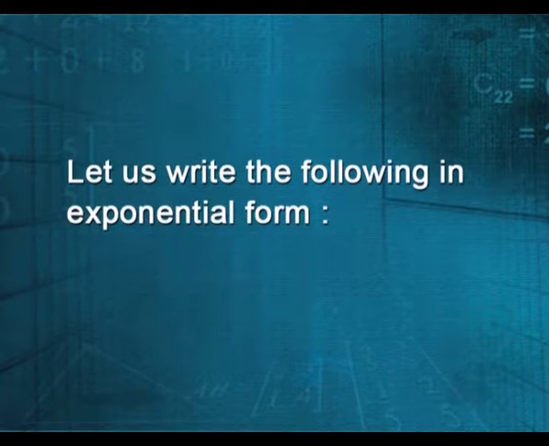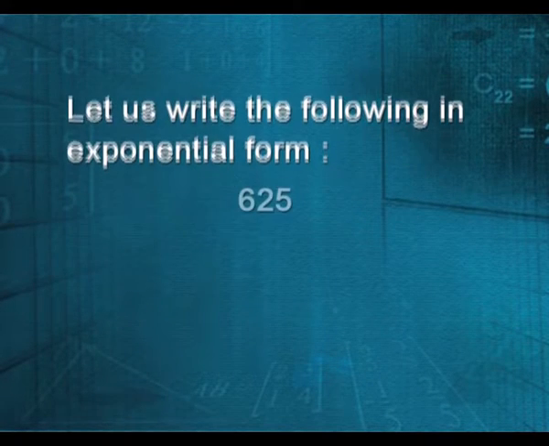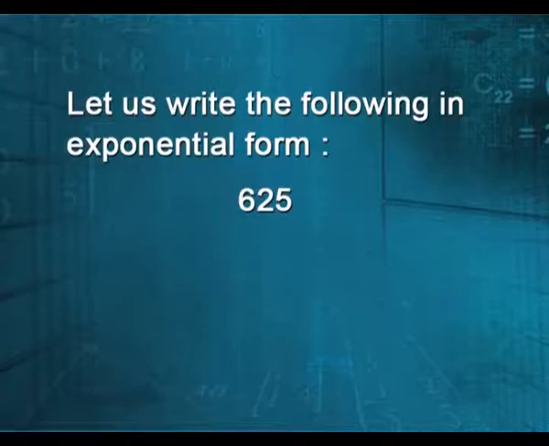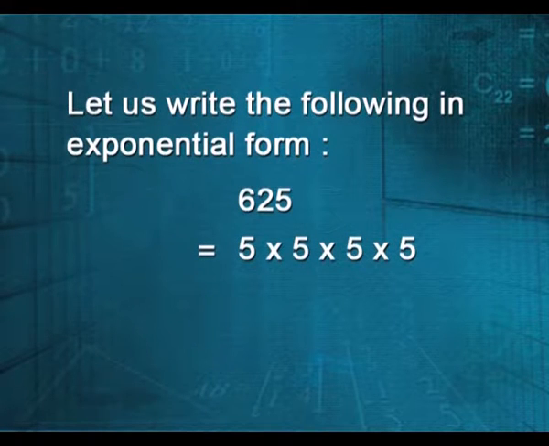Let us write the following in exponential form. Now, suppose you have been given the number 625 and we want to write it in exponential form. You know very well that 625 you can write as 5 multiplied by 5 multiplied by 5 multiplied by 5, because 5 5s are 25, 25 5s are 125 and 125 5s are 625.